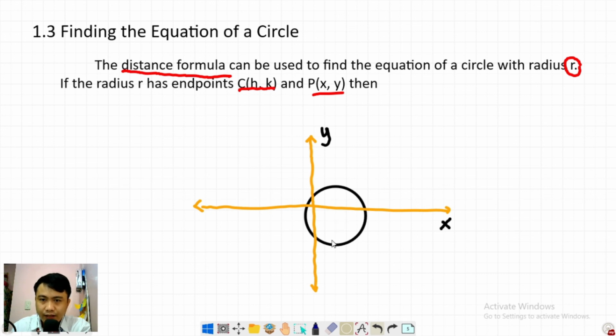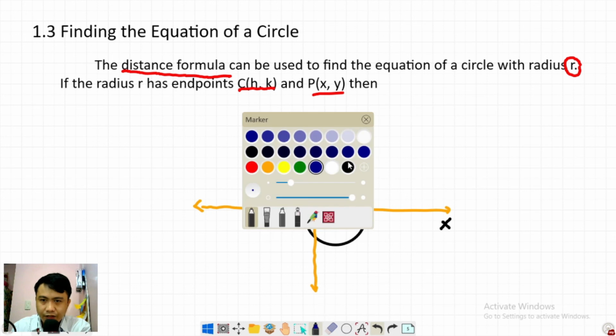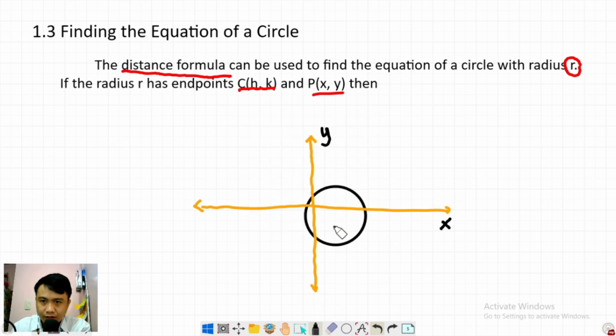Okay, so alam natin that a circle has of course a center. Suppose this is the center, and ito na lang yung C or center, yung (h, k). So we have here the center, the point, yung ating x and y coordinate ng ating center, (h, k).